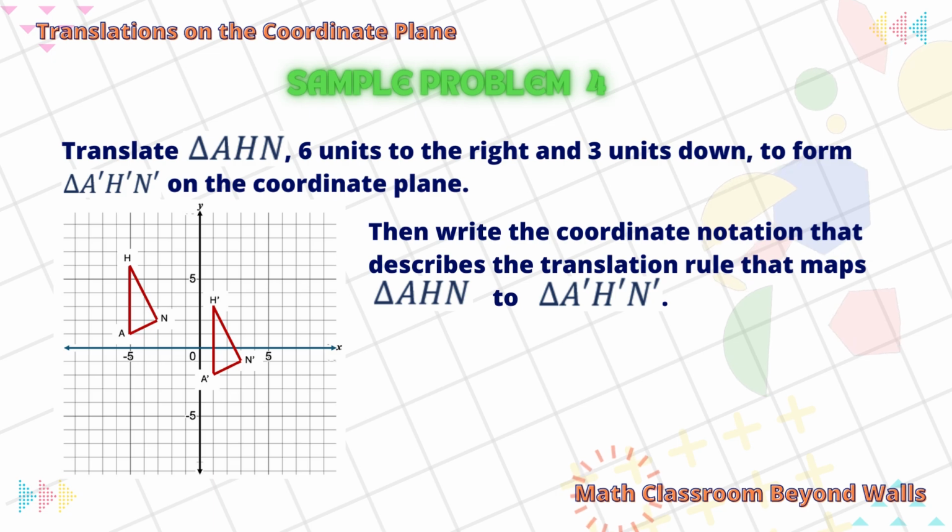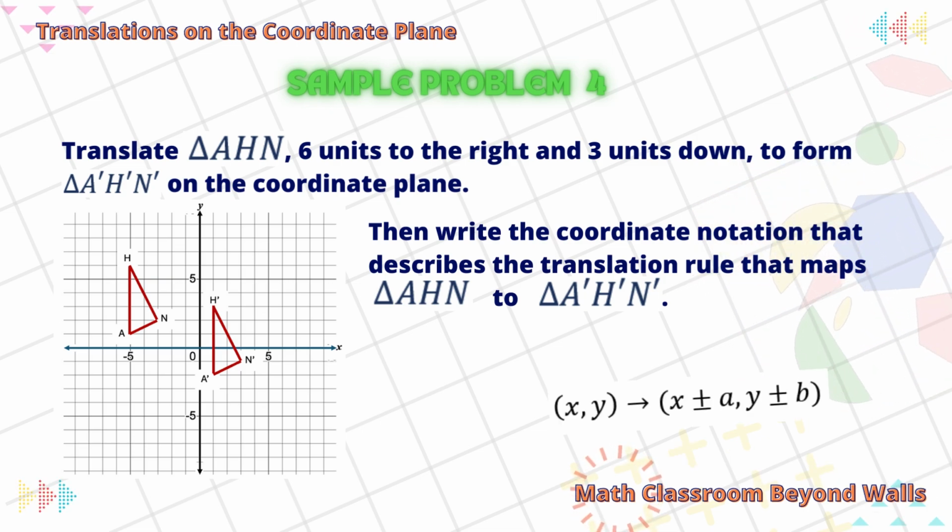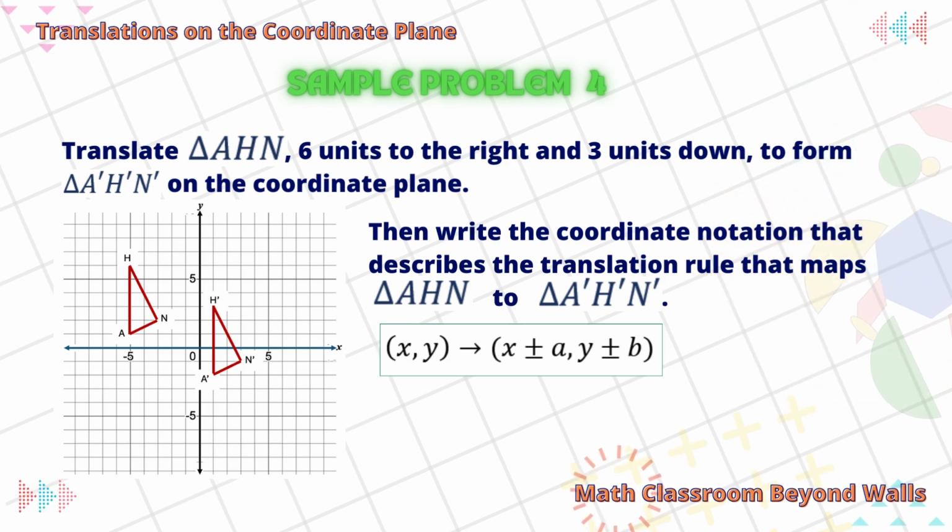Next, we will write the coordinate notation for the transformation rule that maps the preimage to the image. Remember that for translation, we have this form. All we need to do is to plug in the values of a and b in our notation, a being the push along the x-axis, and b the push along the y-axis. The problem states to translate triangle AHN 6 units to the right and 3 units down.